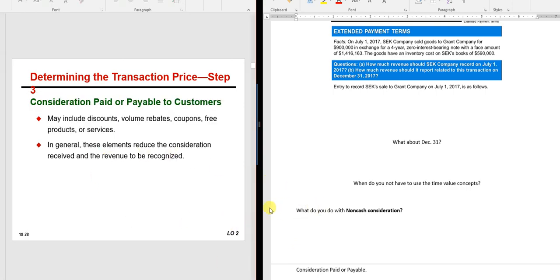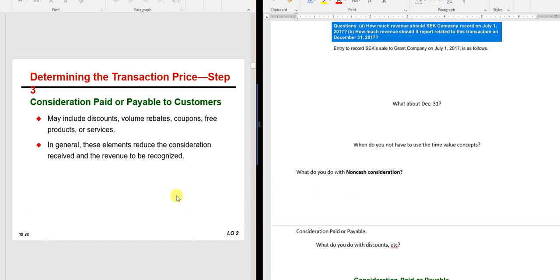What is non-cash consideration? So if I received land and gave you a car, that's non-cash consideration. And again, you just record the transaction, but instead of using cash, you use whatever you got or received instead of cash.